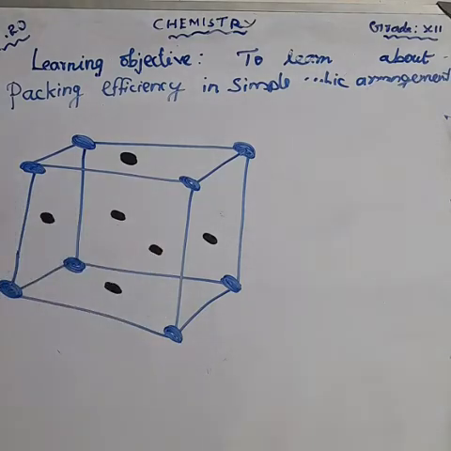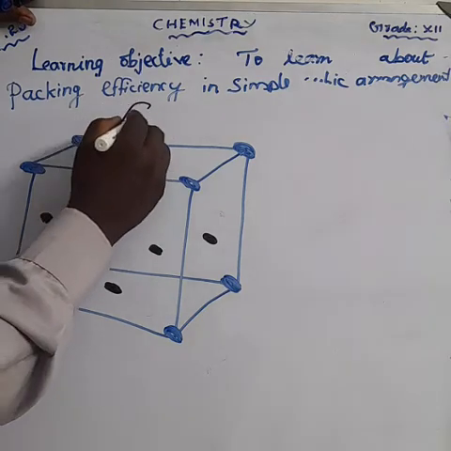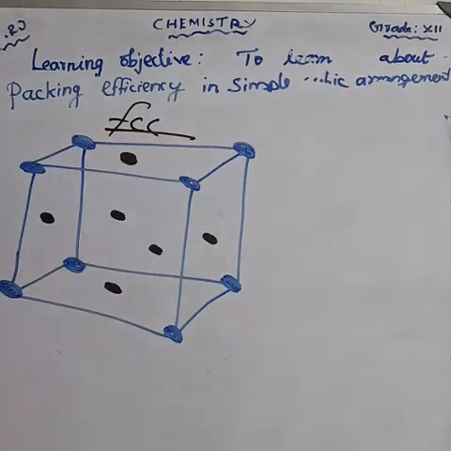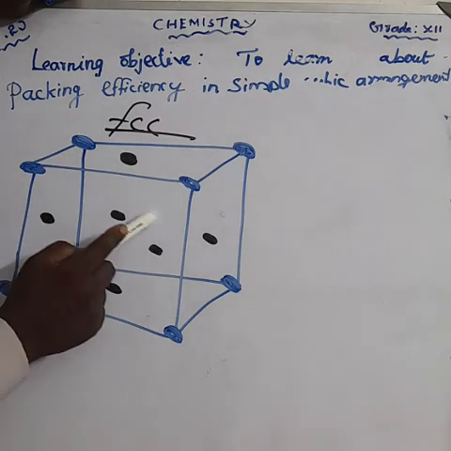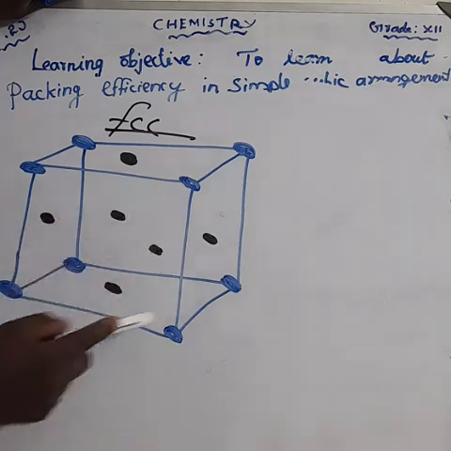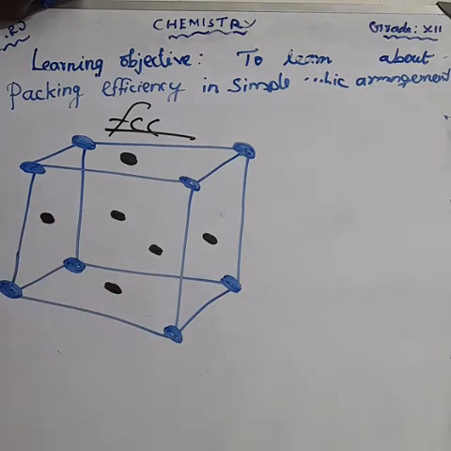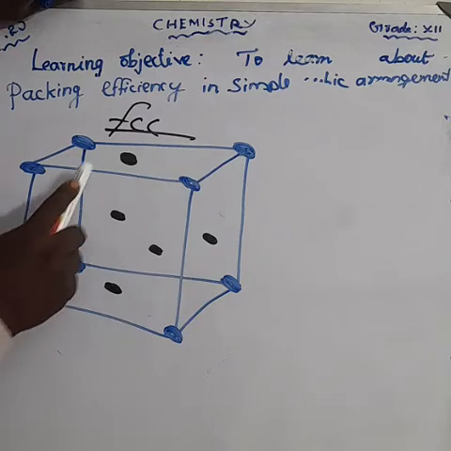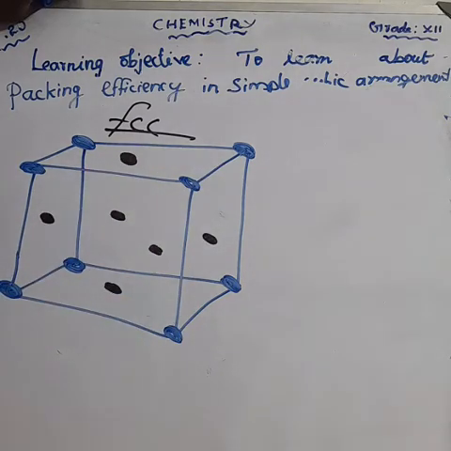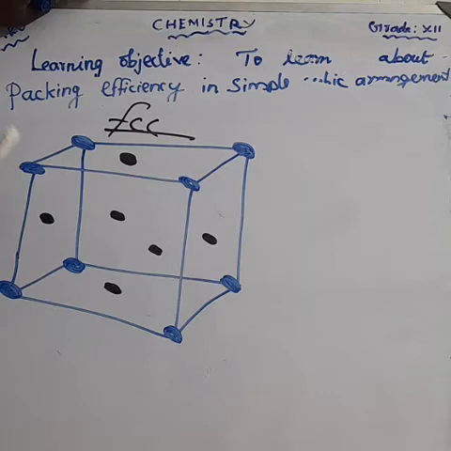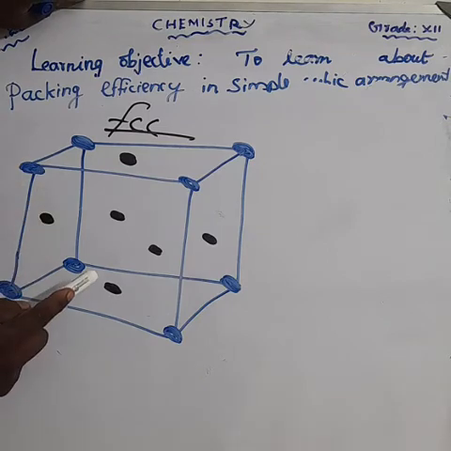Here is the face-centered cubic, FCC. In the face-centered cubic unit cell, identical atoms lie at each corner, and also at the center of each face. The atom at the face center is shared by 2 unit cells.